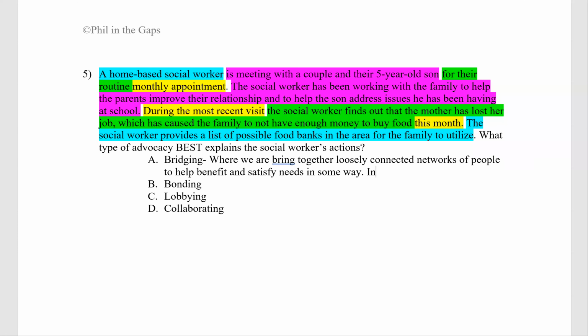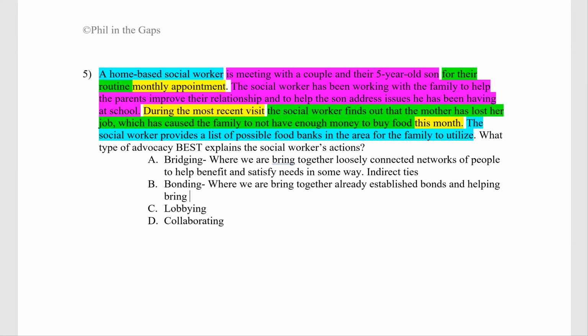And the key emphasis here is going to be indirect ties, and then bonding is where we are bringing together already established bonds and helping bring about change from their connection. And the key emphasis here is going to be direct ties.